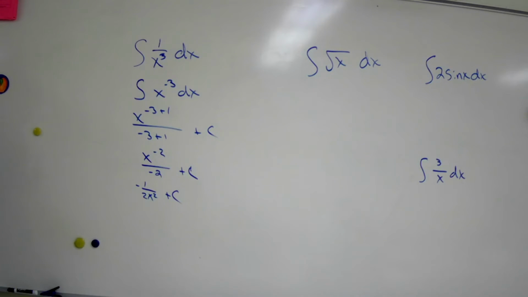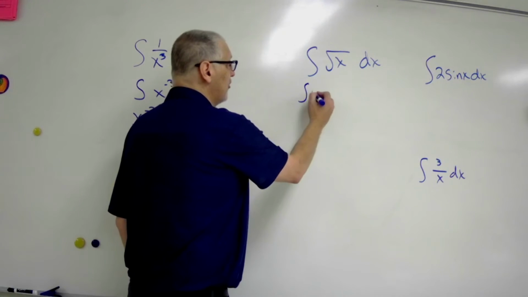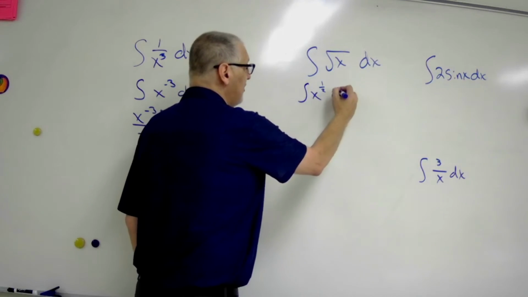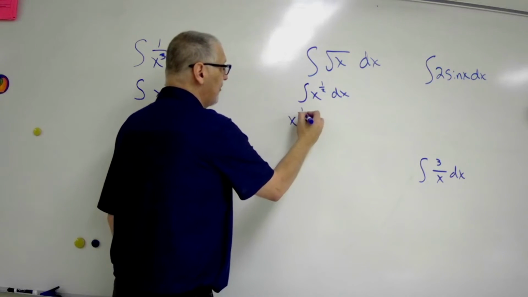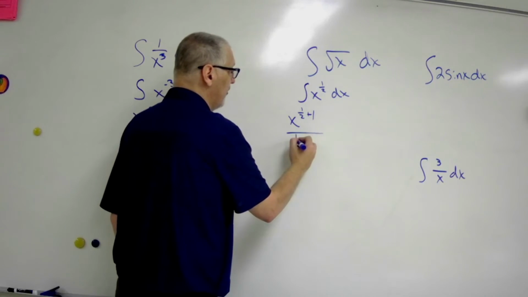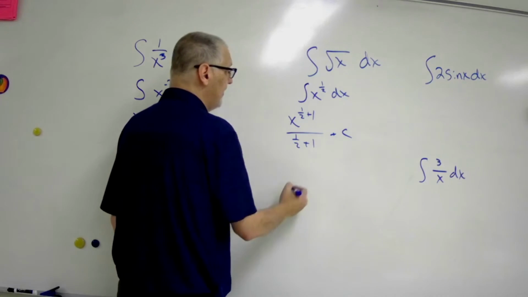So a lot of times with this integration, if you can, write it with exponents, it'll make your life easier. What's the exponent of the square root of x? 1/2. So I can rewrite this as the integral of x to the 1/2 dx, which then becomes x to the 1/2 plus 1 over 1/2 plus 1 plus c.